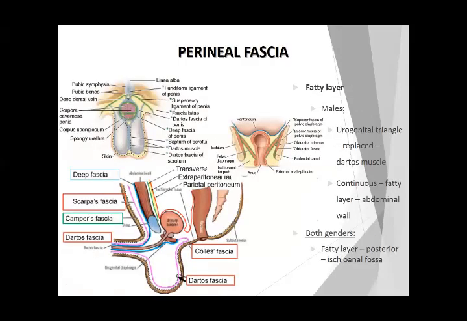What happens in males? In males there's a difference. Look at this yellow sawtooth kind of structure here. The brown line is the skin. On the inside, follow this yellow serrated line.